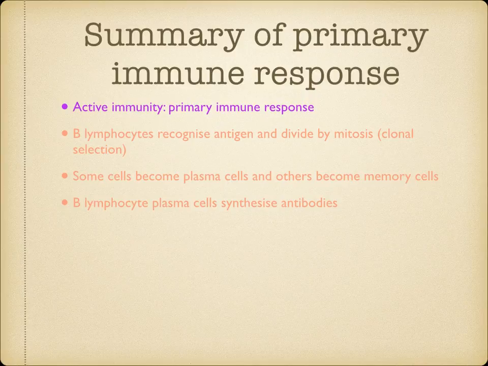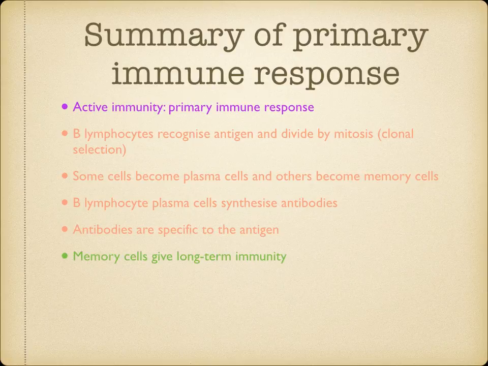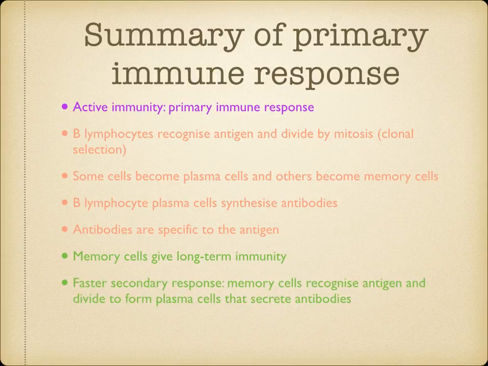The B lymphocyte plasma cells synthesize antibodies, and these antibodies are specific to the antigen. The memory cells give long-term immunity so that you've got a faster secondary response. So the memory cells recognize the antigen and then they divide to form plasma cells that secrete antibodies.